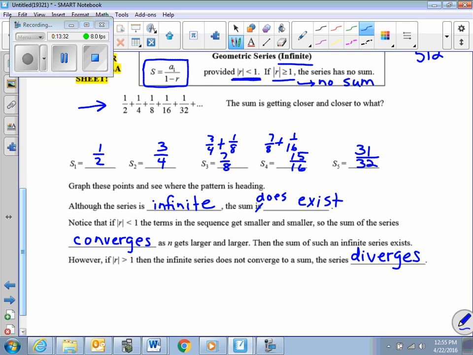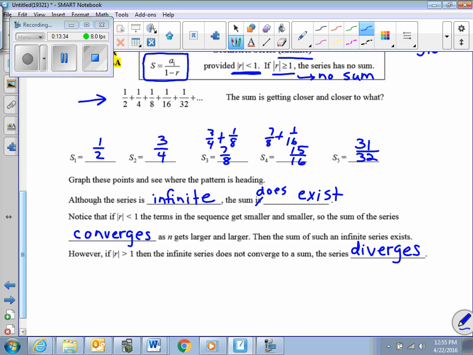So let's use this little formula we have up here to see what happens with this series. S equals a sub 1, so that's a half, divided by 1 minus, well, what is our ratio? I have to do 1/4 divided by 1/2, which is 1/4 times 2, so it's a half.